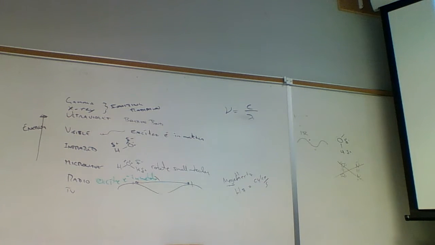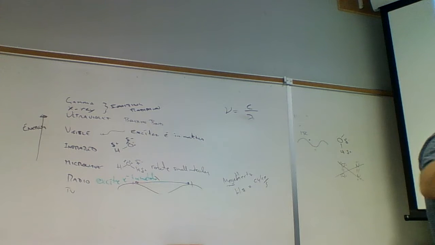For ultraviolet, oftentimes we use wavelength. But let's look at the wavelength. The wavelength goes from 10,000 meters, 100 meters, 10 meters. If we're at megahertz, then we're looking at wavelengths on the order of a meter. It's huge.